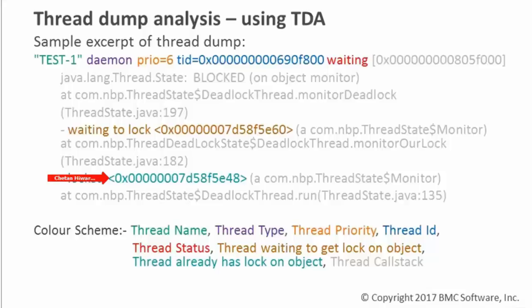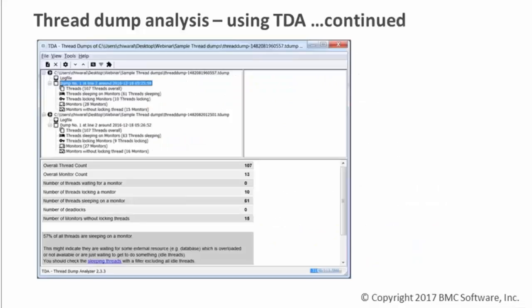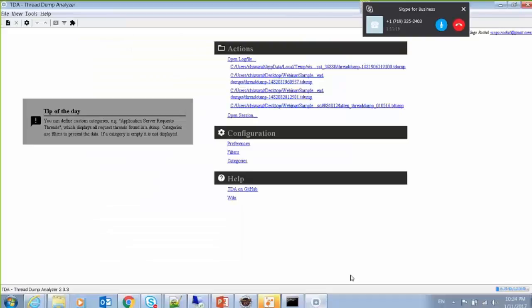If you go and analyze this thread dump manually, that can also be done, but there is an easier way of analyzing it using the thread dump analyzer tool. Let me show you practically how that can be done. This is the thread dump analyzer tool.